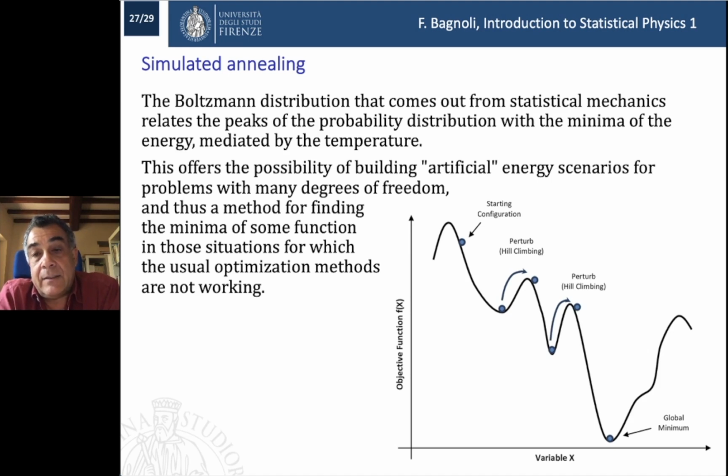And if one considers the effect of temperature, which is that of allowing the system to pass through a local maximum, and so go down and find the valley where the global minimum is, one can develop a method of slowly lowering the temperature in order to concentrate the probability distribution around the minimum, and so find the global minimum.